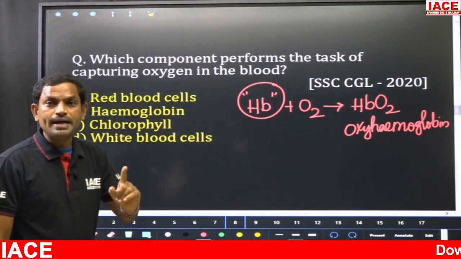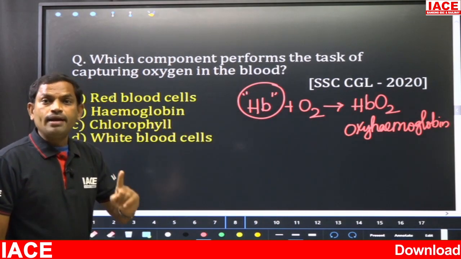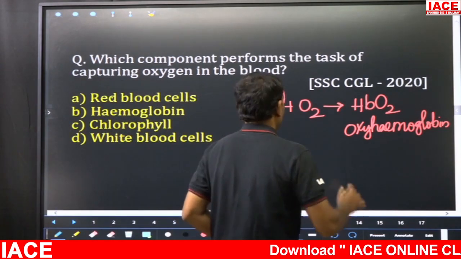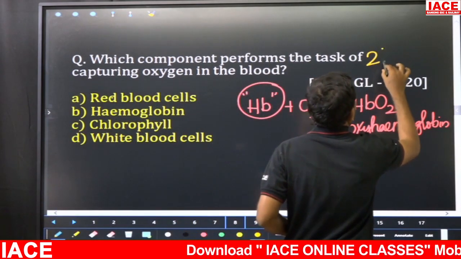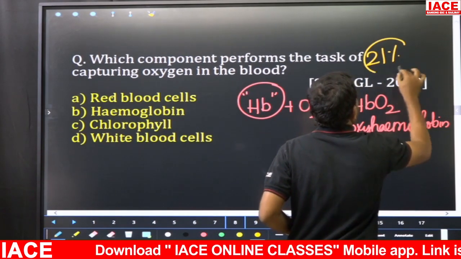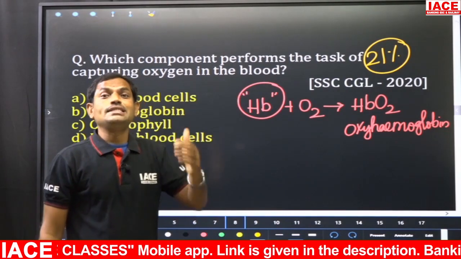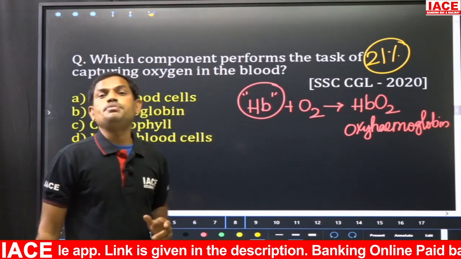But remember, my dear students, whenever there is a formation of oxyhemoglobin, definitely the inhaled air should contain 21% of oxygen. If the 21% of oxygen is available, then this HbO2 formation occurs.